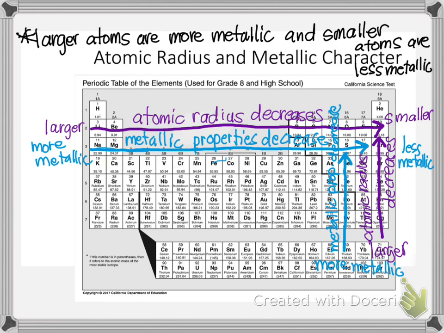So larger atoms are more metallic and smaller atoms are less metallic. So let's take a look at how we would use this trend.